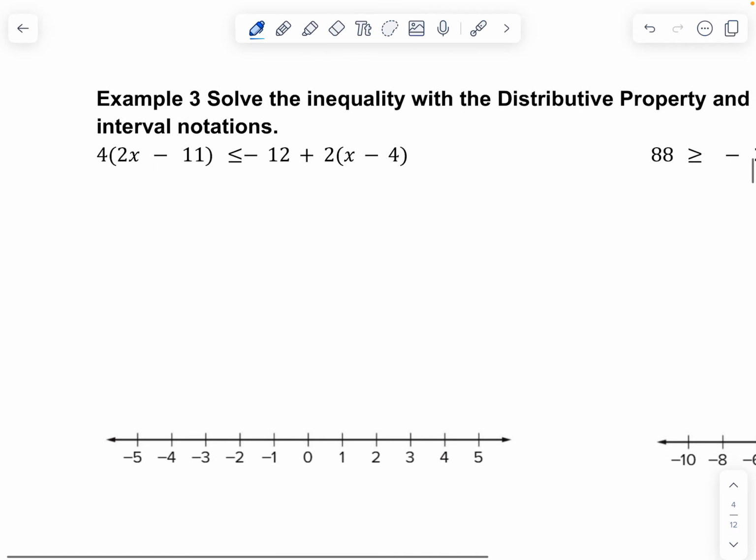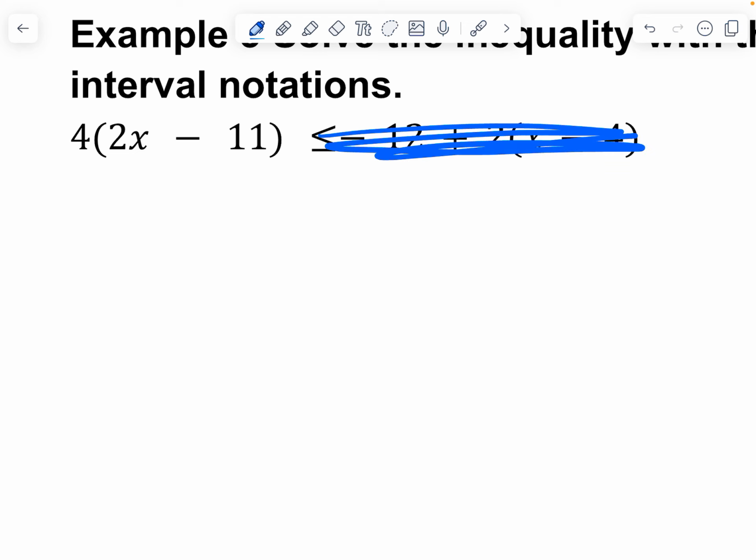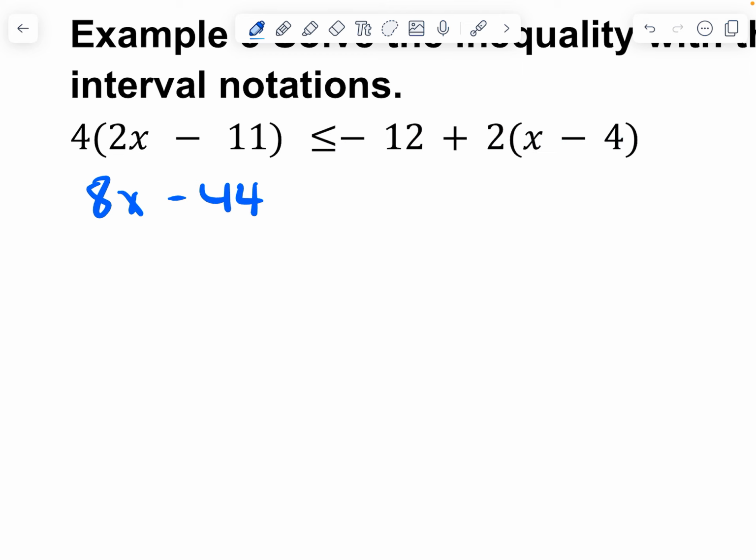So, same thing here, guys. Pretend like you don't see this part. Just do this part. So 8x minus 44. Okay, then it says less than or equal to the negative 12 plus, and then I distribute here, and I get 2x minus 8.